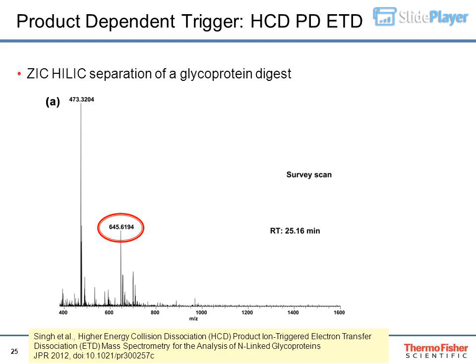In ion trap CID, those ions are not detected due to the low m/z cutoff; however, they are detected following the beam-type CID known as higher energy collision dissociation, HCD, on the Orbitrap mass spectrometer. The presence of these product ions following HCD can be used as triggers for subsequent electron transfer dissociation, ETD, mass spectrometry analysis of the precursor ion.